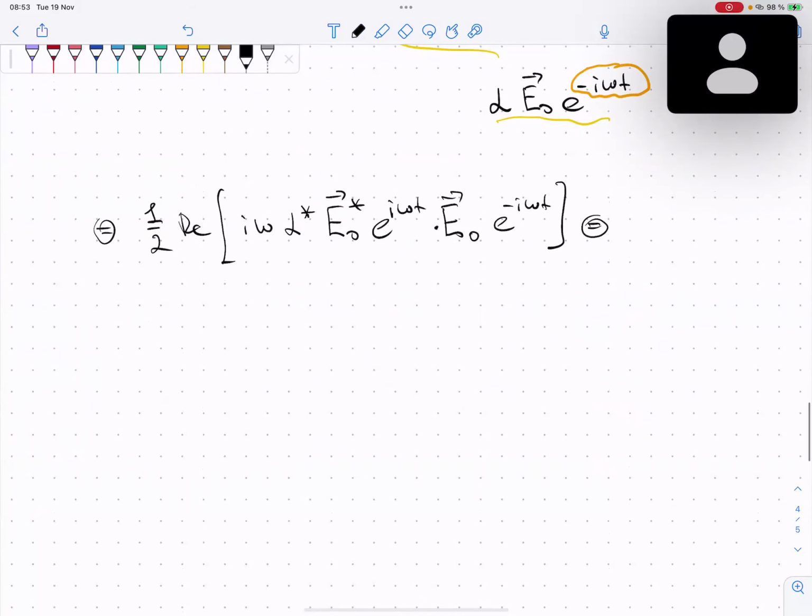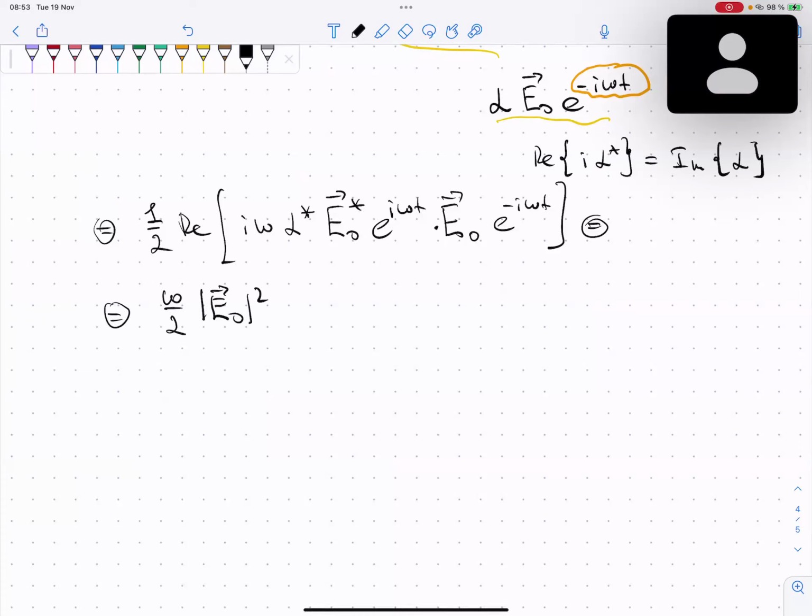So this is basically omega over 2 E0 squared, and the real part of i alpha conjugated will be just the imaginary part of alpha.